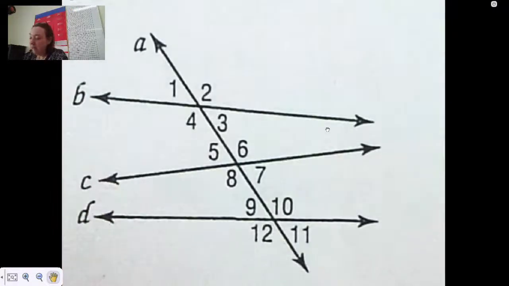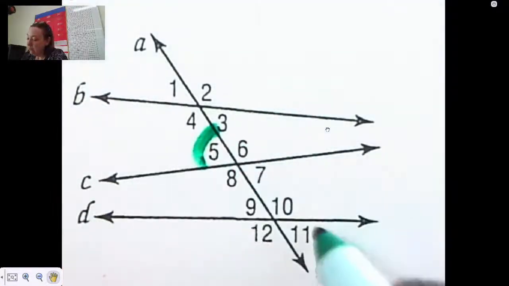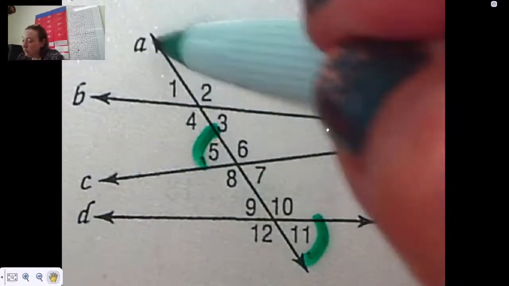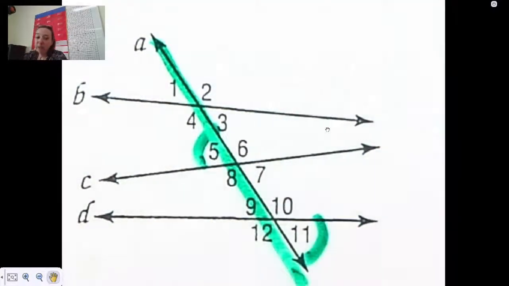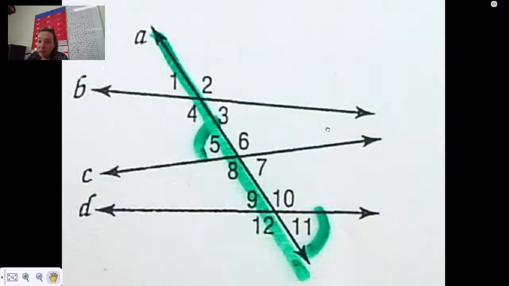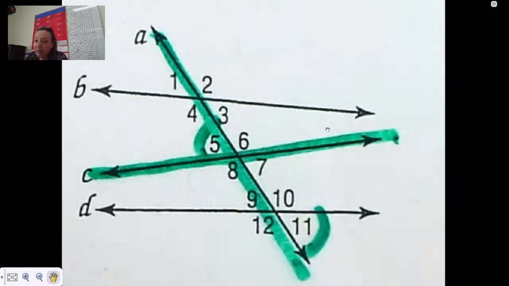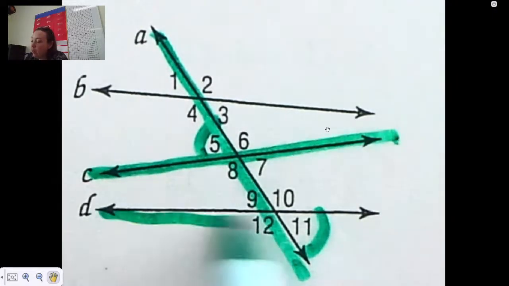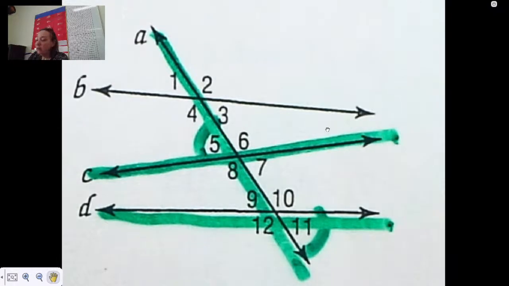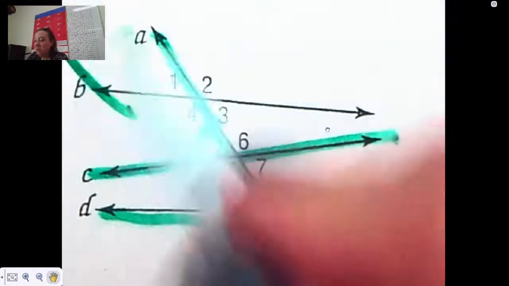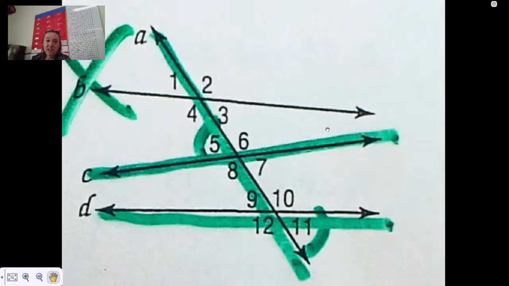So number 6 is 5 and 11. So let's go back over here and do 5 and 11. Now, here's the transversal. This is going to be the transversal every time on these. What line makes 5? C. What line makes 11? D. So those are the lines we're looking at. This B has nothing to do with these relationships.